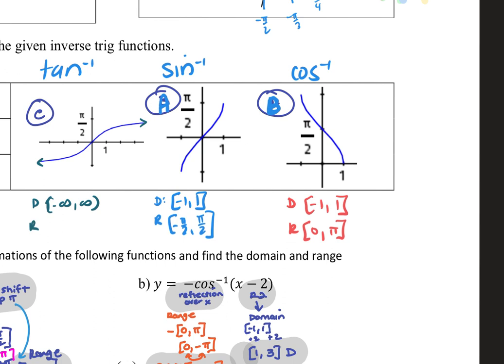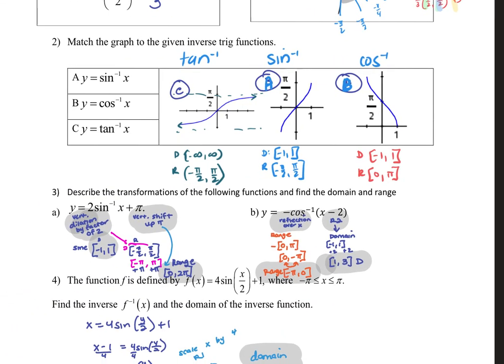And the range, it goes -π/2 to +π/2, but it doesn't touch those because that's where asymptotes are, so it gets parentheses. That's the only difference between the range on sine and tangent. We restrict them the same, but at π/2 and -π/2, tangent is undefined, so there's actually horizontal asymptotes happening in those two spots.